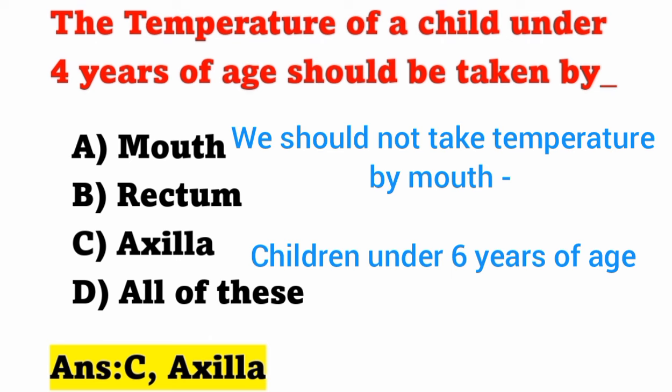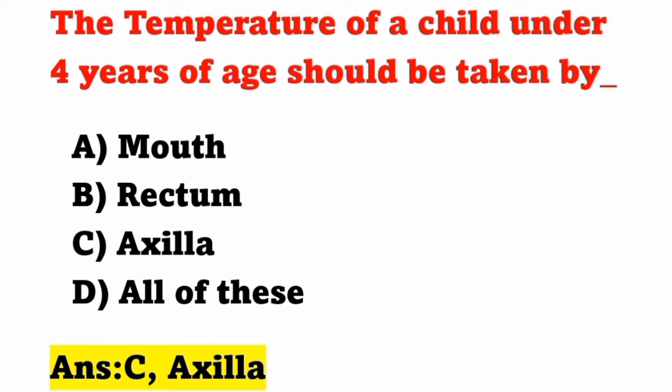Usually we should not take temperature by mouth in children under 6 years of age, because there is a chance of biting the thermometer. So mostly we prefer to take temperature by axilla. So option C is the correct answer.